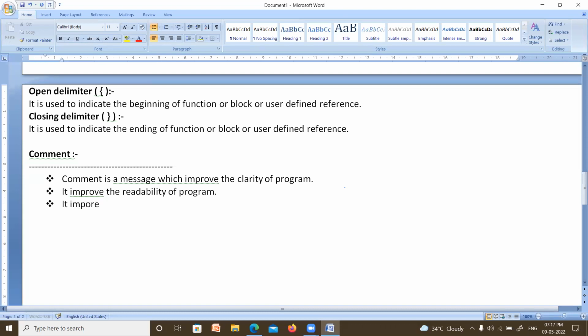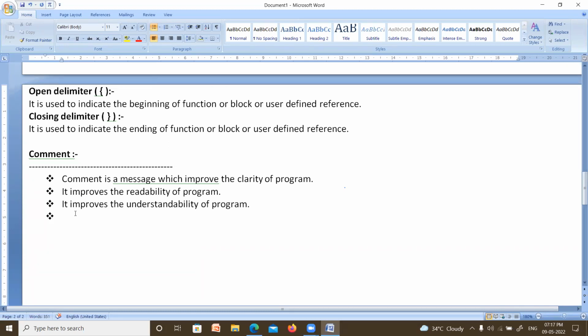It improves the understandability of the program. So it is just for you, not for the computer.